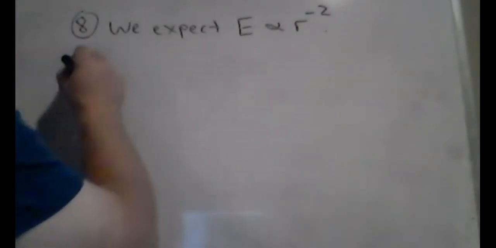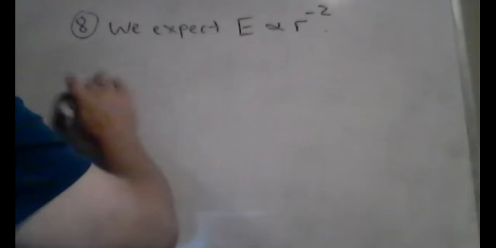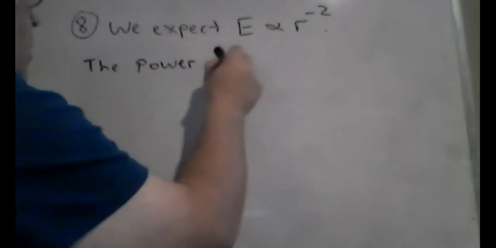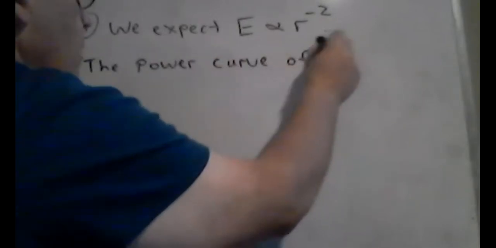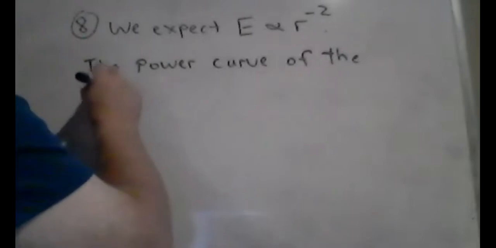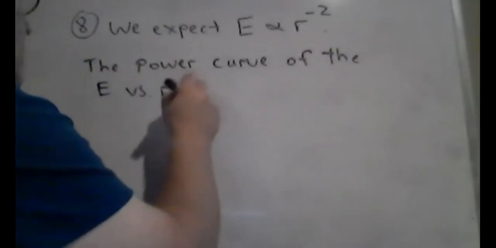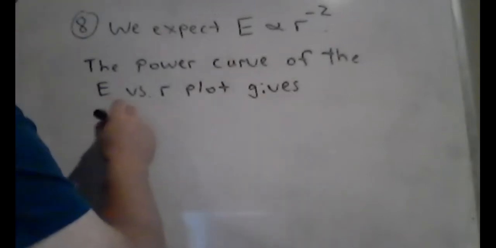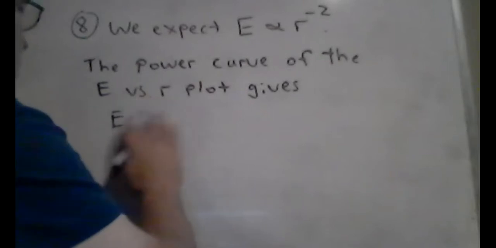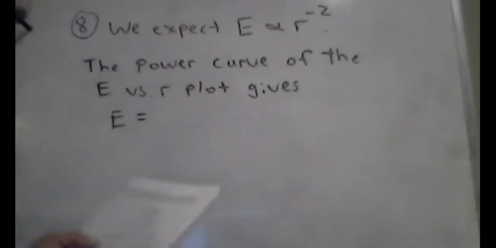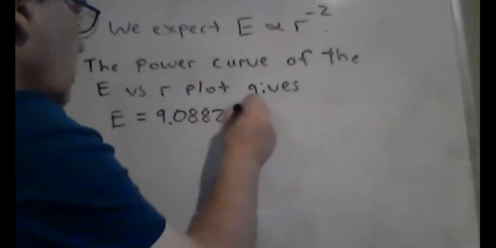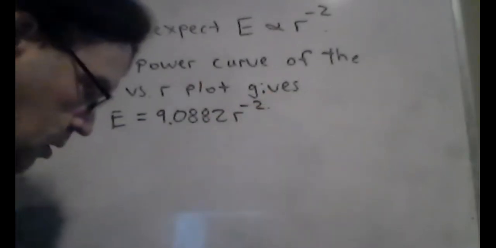That's what we expect. According to the plot, the power curve of the E versus R plot gives, I mean, you're going to have different numbers, but let's just put it this way, it gives E equals 9.0882 R to the -2.037.